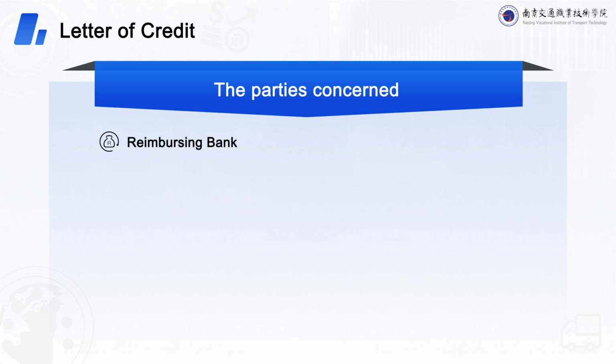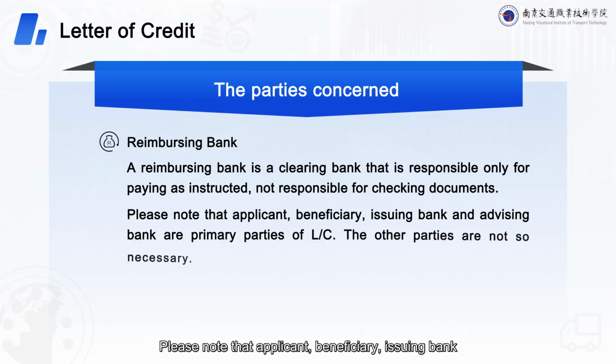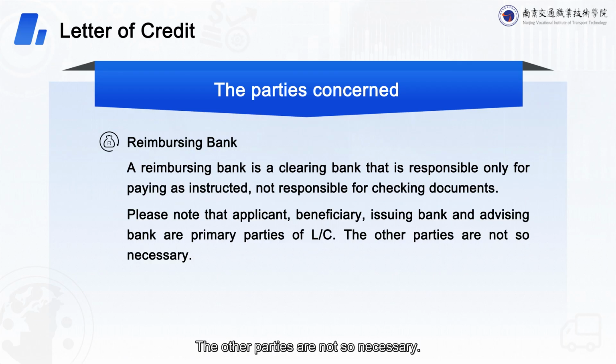Reimbursing bank. A reimbursing bank is a clearing bank that is responsible only for paying as instructed, not responsible for checking documents. Please note that applicant, beneficiary, issuing bank, and advising bank are primary parties of LC. The other parties are not so necessary.